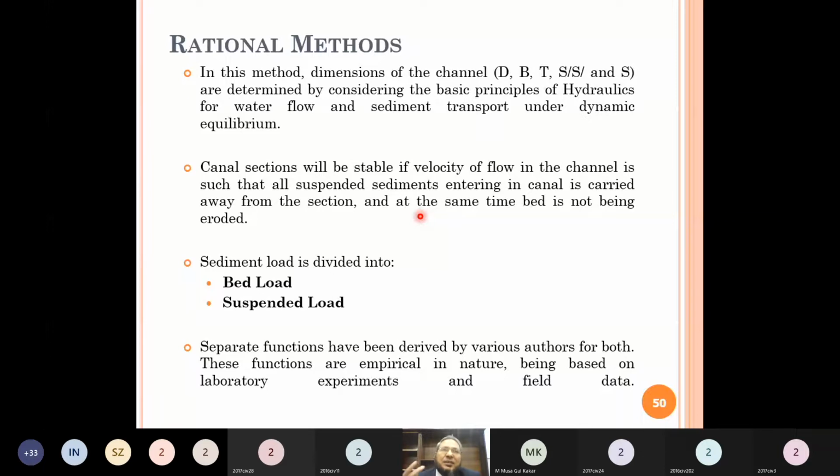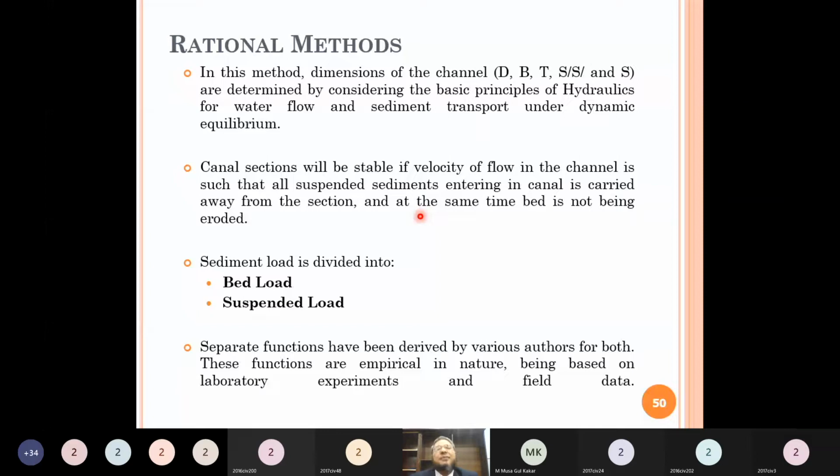So what are the two major problems of the earthen channels? Somebody should tell me. I am asking you. Scouring and sedimentation. Silting and scouring. Yes, very good. Silting and scouring.